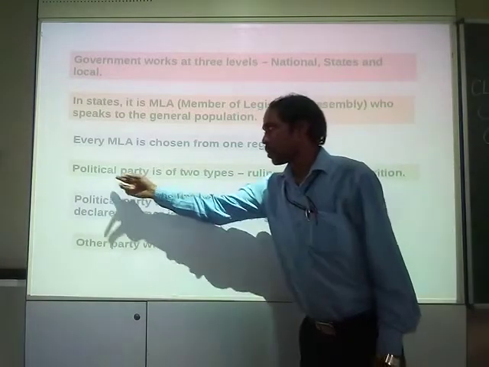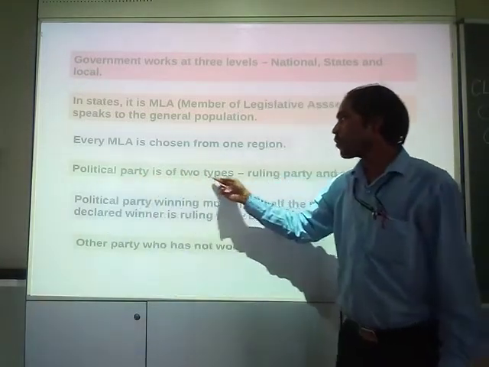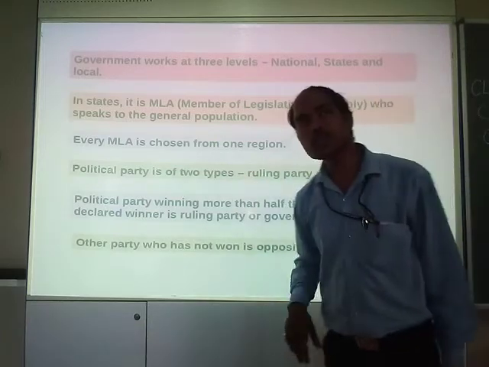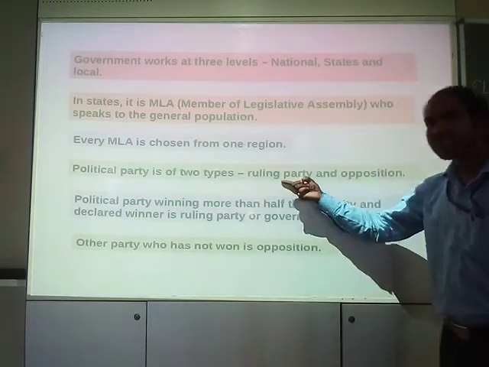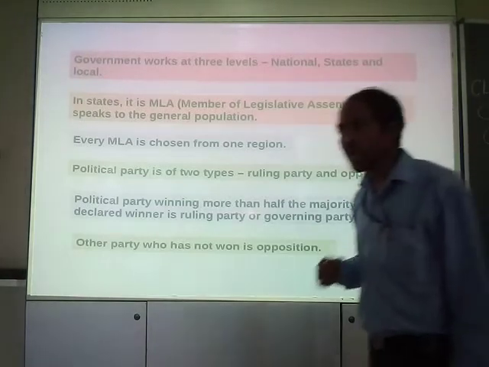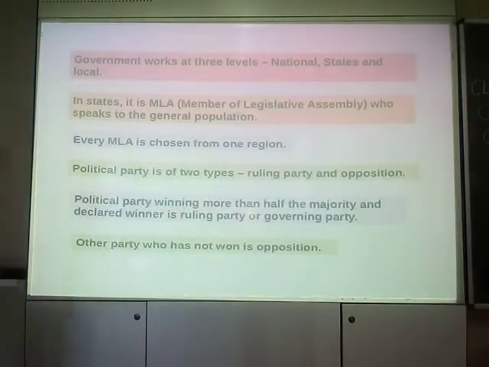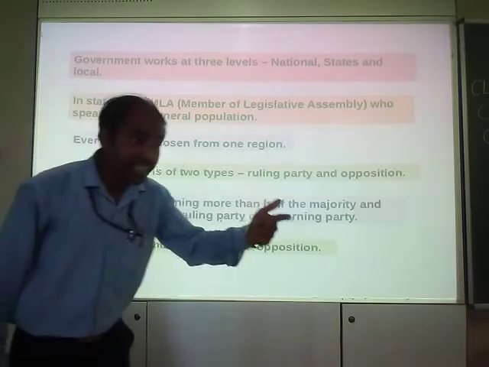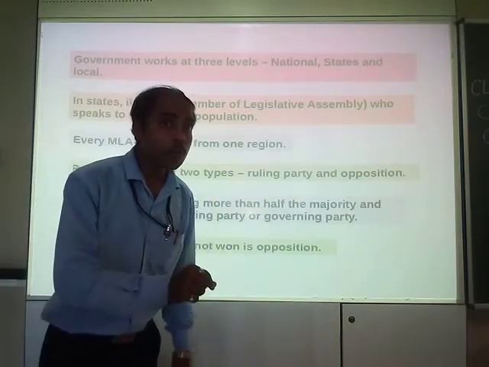Political parties are of two types. Now, political party is of how many types? Two types, ruling party and opposition. I have already told you. The ruling party is the party which is ruling right now.